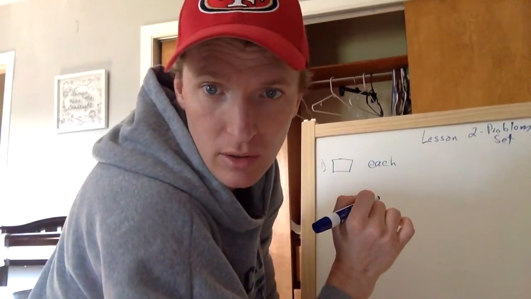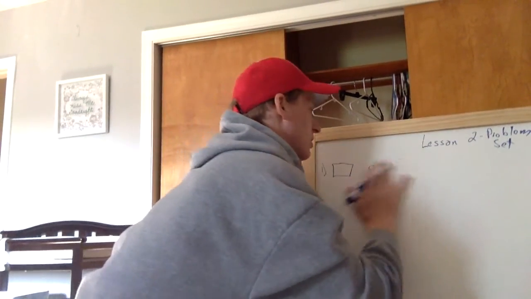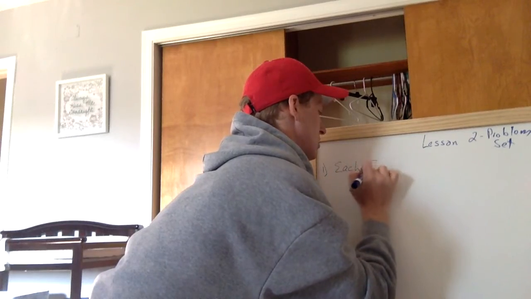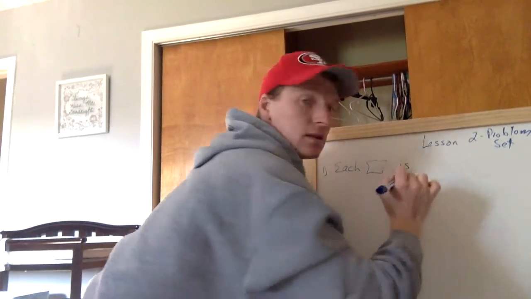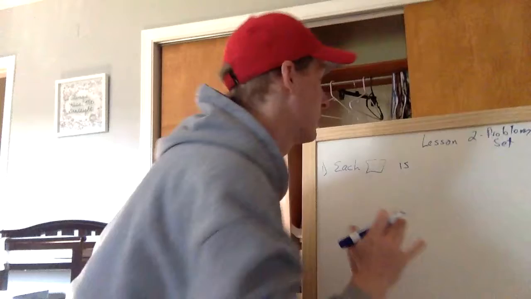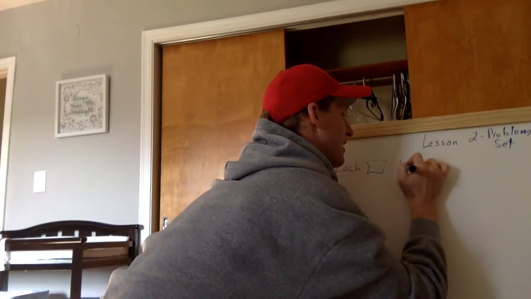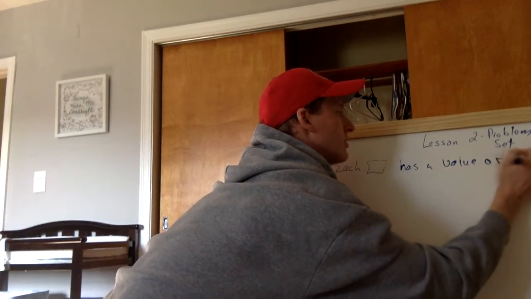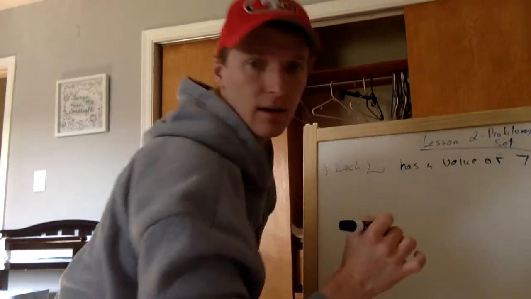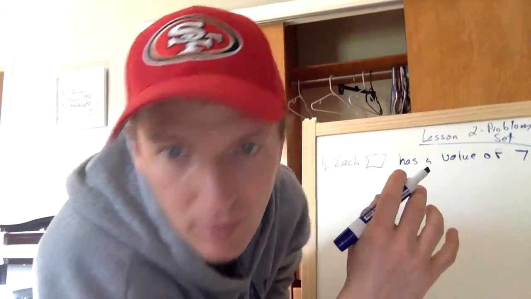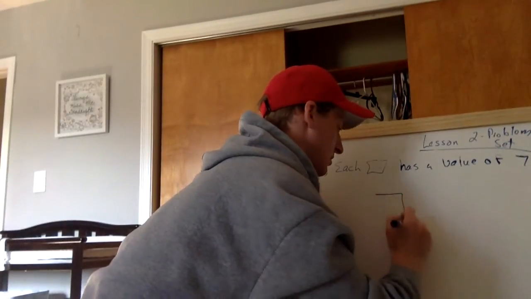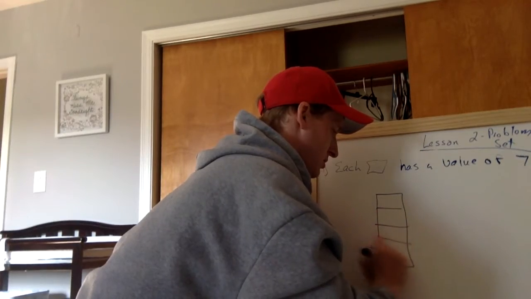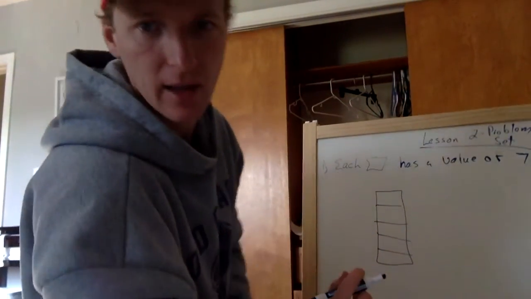And then number one is like this, and it's got a box, and it says each box has a value of 7. Okay. And then underneath it's got 5 of them stacked up.